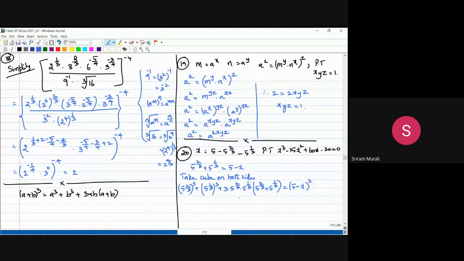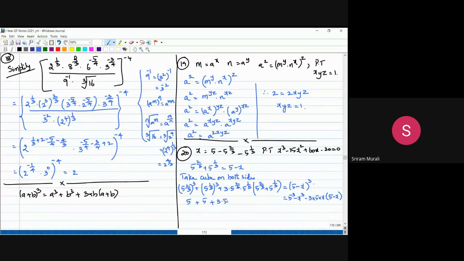Expand this. So if I expand this, what do you get? This is a cube plus b cube plus 3ab into a plus b. This is not 35. This is 3 into 5 into x into a plus b. This is 5. This is 5. This is 3 into 5 power 0. You know why. Sorry, correct. When the bases are same, add the power. 2 by 3 plus 1 by 3 will be 5 power 1.